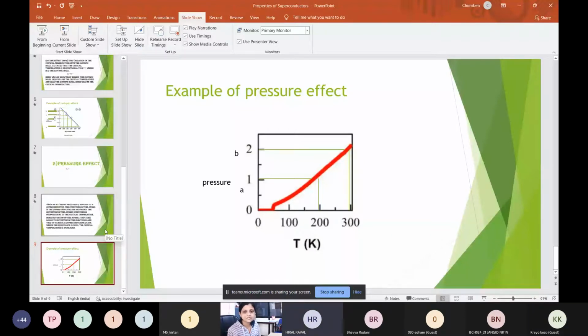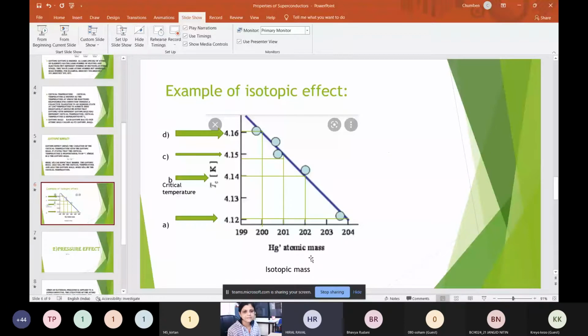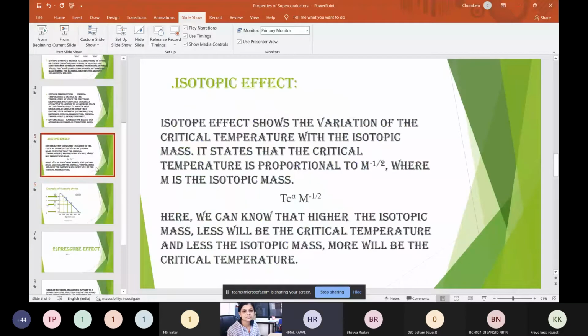And I want its equation, Kreyo. It was probably in the first slide, the equation of isotopic mass with respect to critical temperature. Tc is proportional to m raised to minus half. Sometimes it is shown with the alpha also.